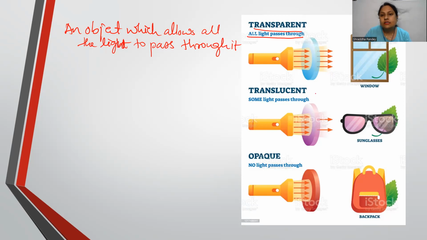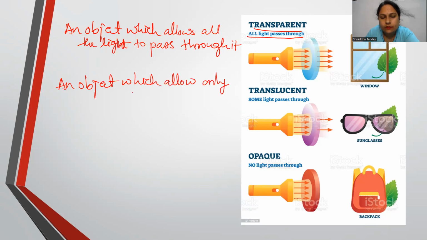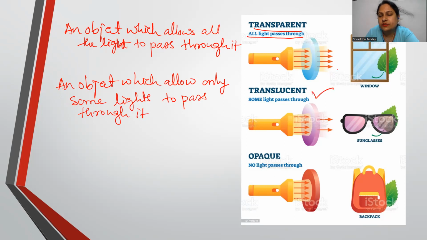Then a translucent object allows only some light to pass through it. An object which allows only some light to pass through it is called a translucent object.